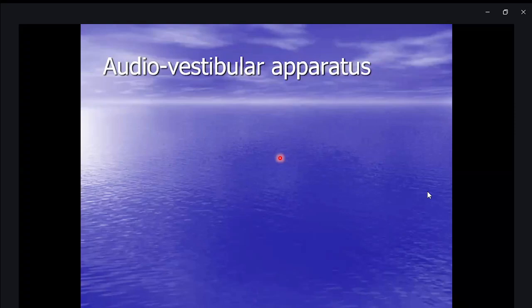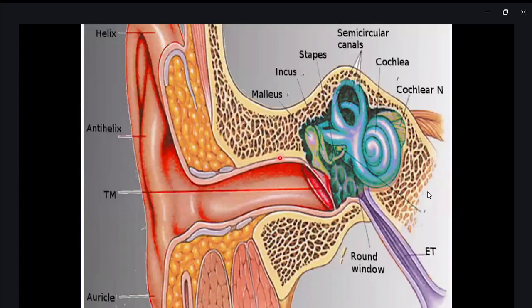That's why it's called the vestibulocochlear nerve. This is the ear. So this is our auditory and also the vestibular apparatus.